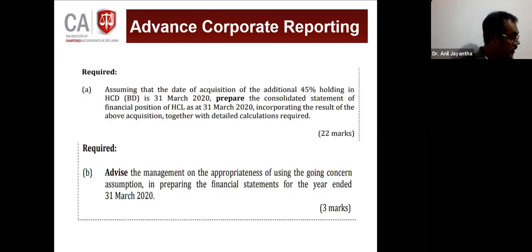Now, within the time limitation, we'll see there are 4 subjects. I just try to discuss all 4. How do you tackle this in a real situation? This is the examination paper on advanced corporate reporting.